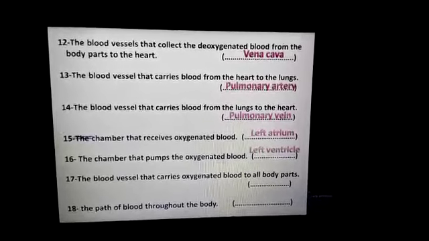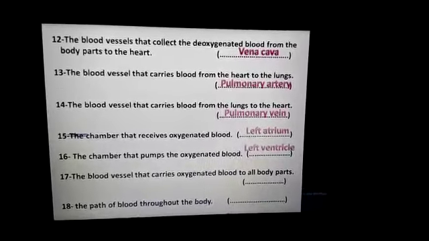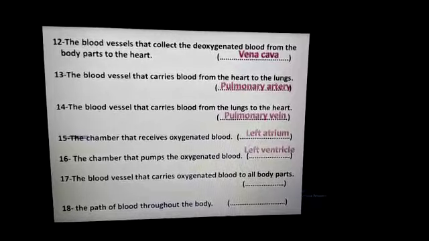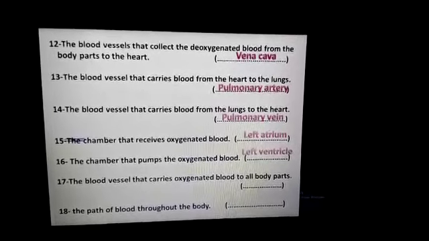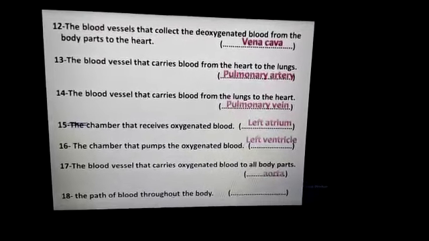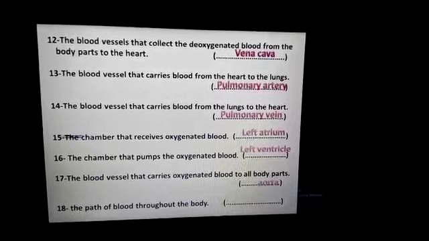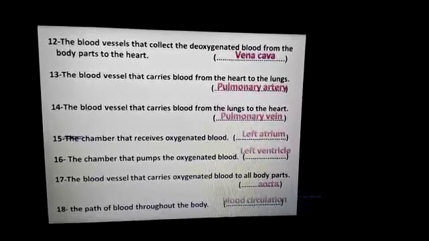Number seventeen, the blood vessel that carries oxygenated blood to all body parts. Which blood vessel carries oxygenated blood to all body parts? It is the aorta. Number eighteen, the path of blood throughout the body: this is blood circulation.